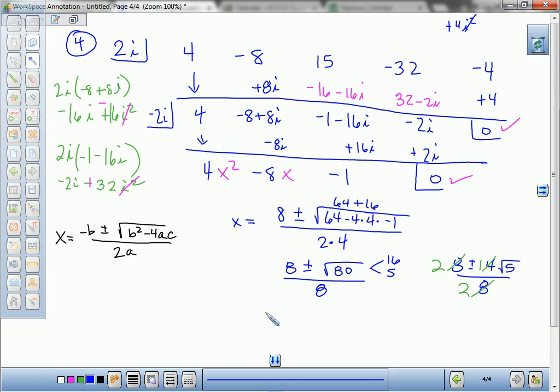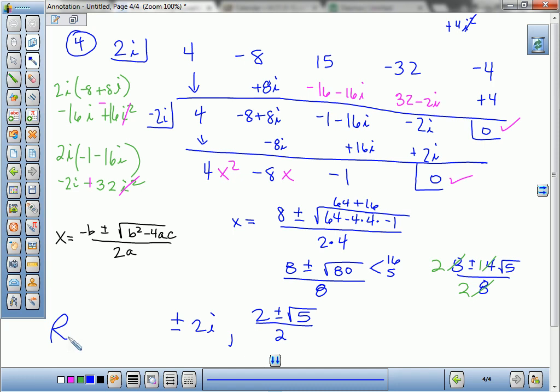So this crazy answer is 2 plus or minus the square root of 5 all over 2. And this is actually two answers, the positive one and the negative one. So this is 2, and then we also have the plus and minus 2i. So that's 2 more. So there are all 4 of the roots.